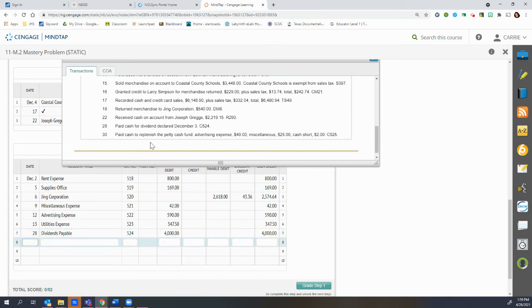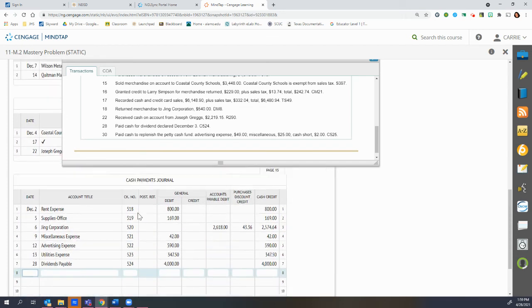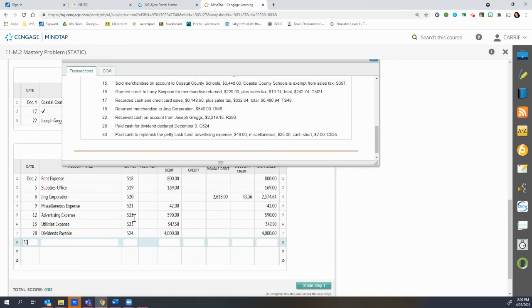And then we paid cash to replenish a petty cash fund. So we can do this on our cash payments journal. It's the 30th. It's going to be advertising expense, and then this is going to be check 525. That's $49. And then miscellaneous expense for $25.